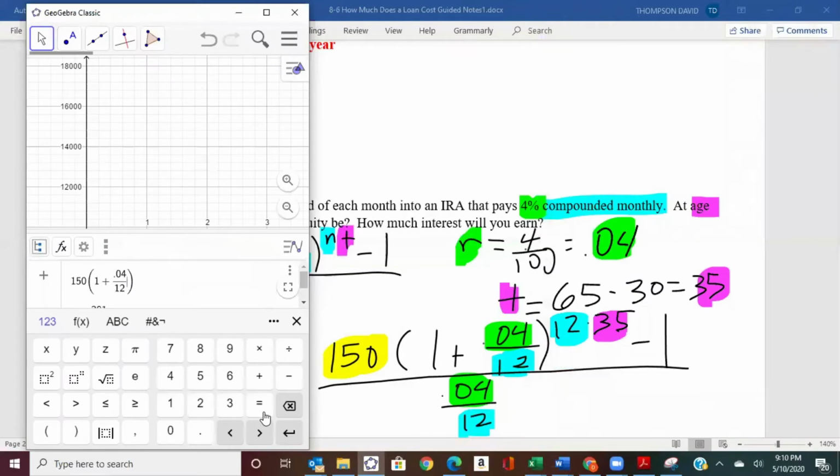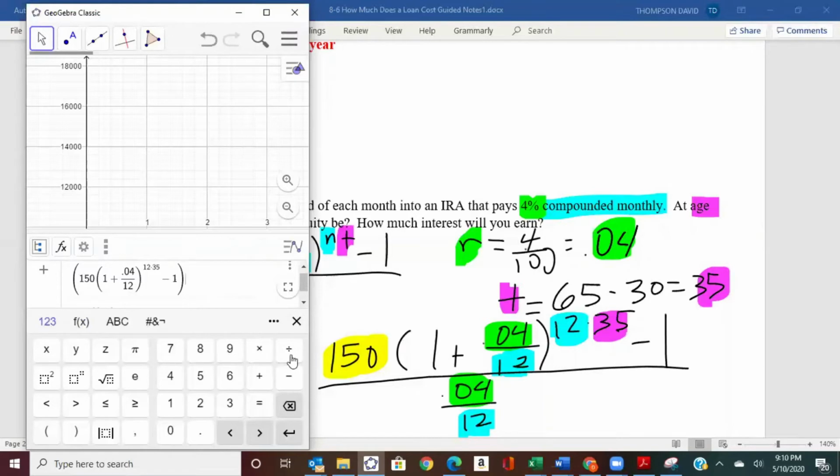Hit the right arrow. Hit the exponent. 12 times 35. Go down. Make sure you're not out of the exponent, minus 1. And you might need to add a parentheses. There we go.